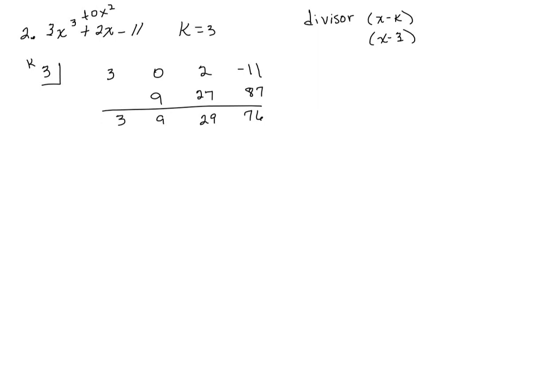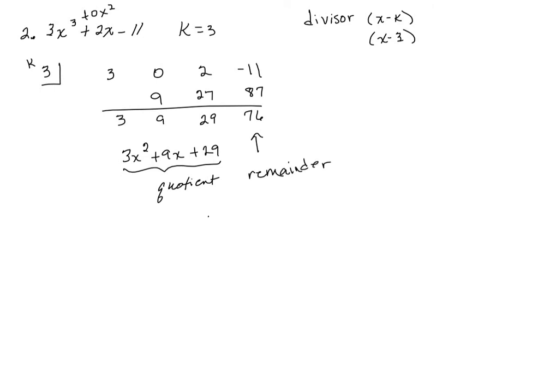Okay, and remember we started with an x cubed up here, so this is going to be 3x squared plus 9x plus 29. That is my quotient, and 76 is my remainder.